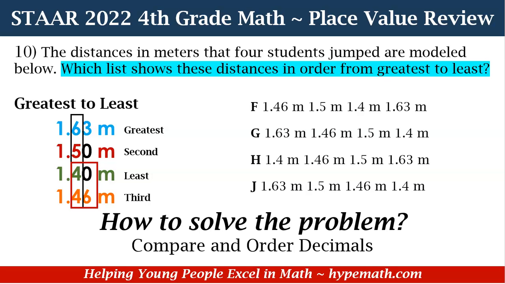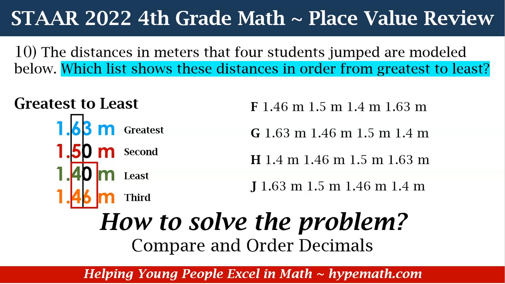So, since we're ordering our list from greatest to least, the first number we're going to look at is, okay, what's the largest number? That will be the greatest number, and that is the 6. So 1.63 or 1 and 63/100 meters is our first number in our list because it's the greatest number.